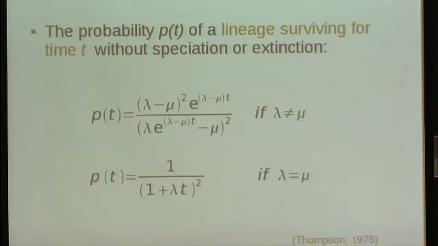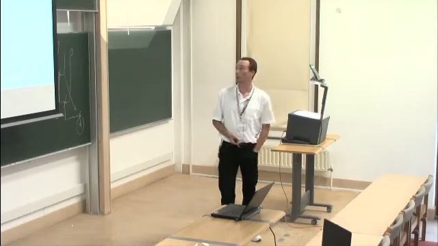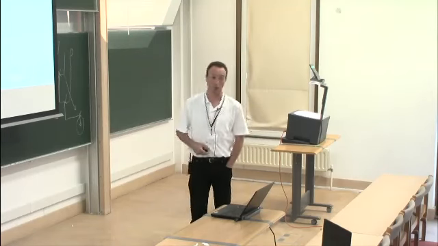So this is a formula. It's not really important to remember exactly what this formula is. The main thing is that this is an expression that contains both lambda and mu. And it's simplified a little bit if lambda is equal to mu. But this is really the main ingredient that we're using. So we have a lineage survival probability that is expressed in both lambda and mu.